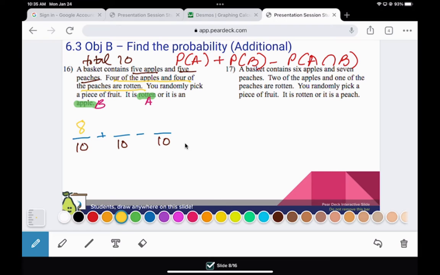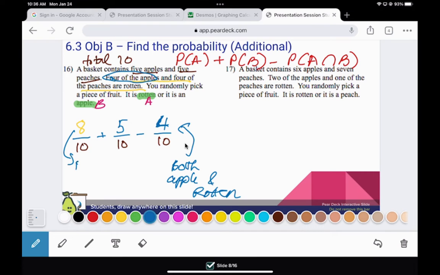So 4 and 4, we got 8. Then the second event is just apple. How many apples do we have? We have 5 apples. That's why I got the 5. The last one is both apple and rotten. So how many apples are rotten? And here they tell you 4 of those are apples and they are rotten. So that's how I set it up.